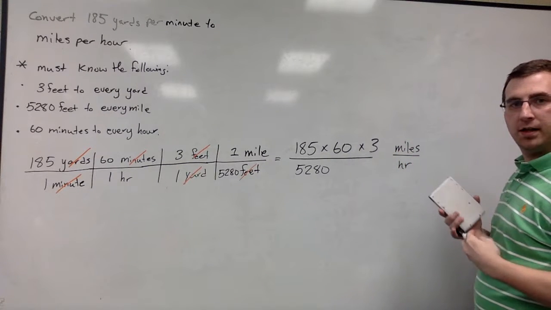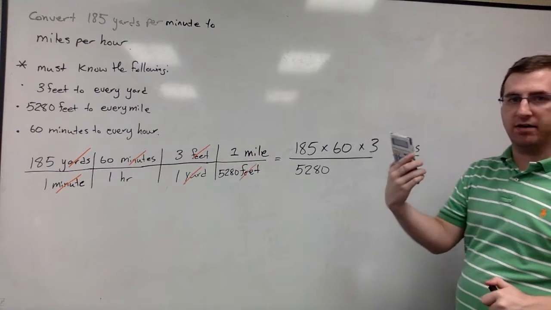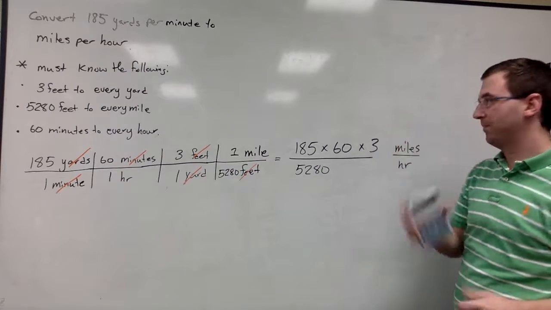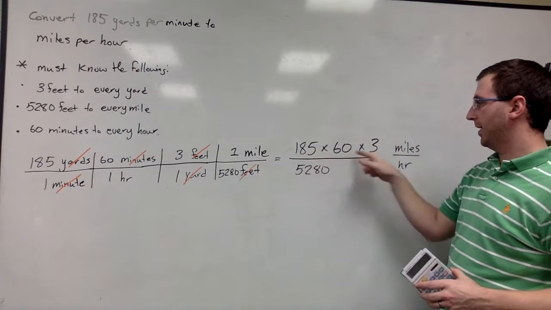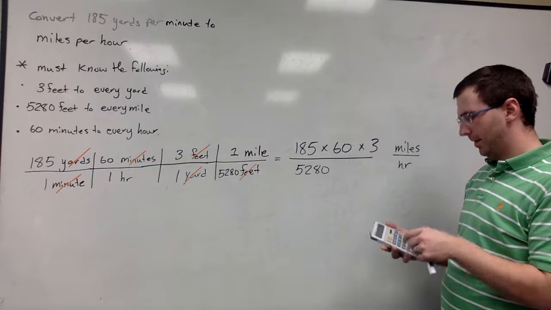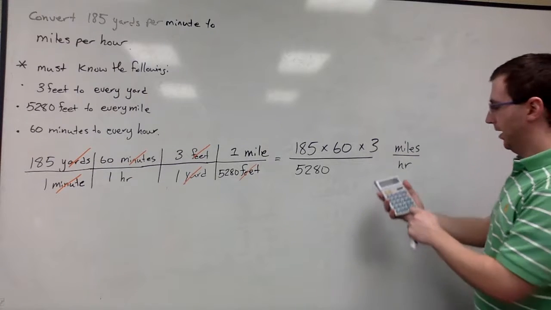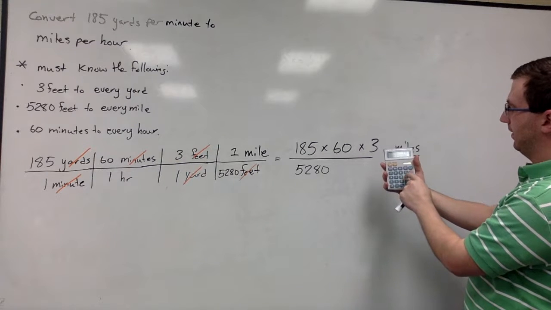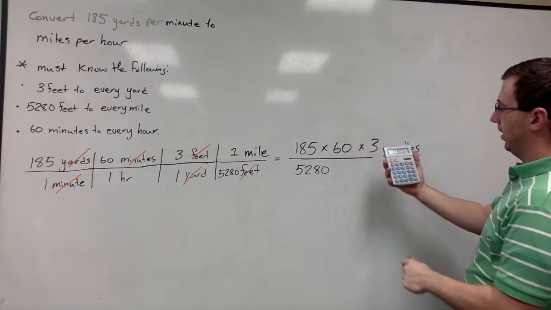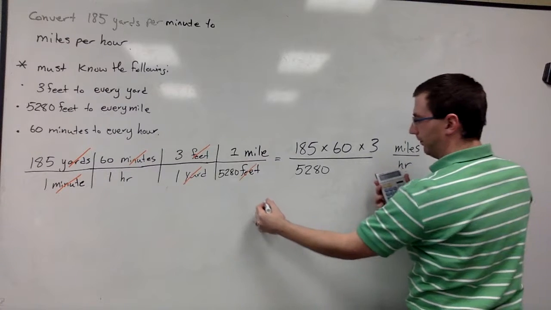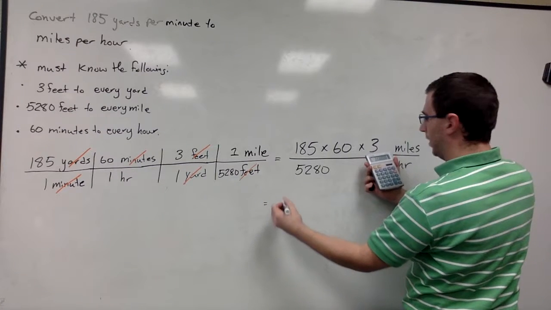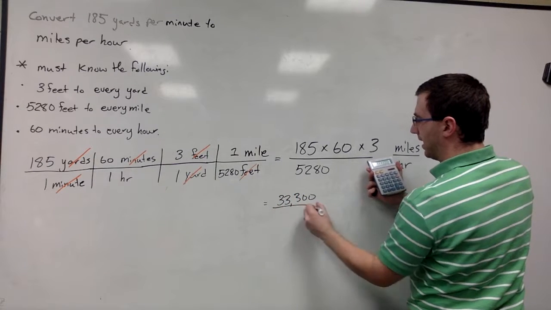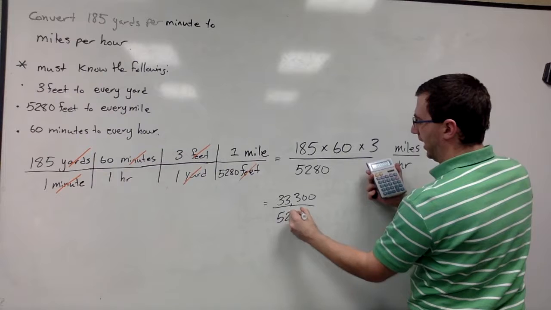All right. So basically, we take our calculator, which I have just a plain old solar power calculator, and we just multiply across. Multiply the top numbers on the top, and then multiply the bottom, and then divide it by the bottom number. So here, 185 times 60 times 3 on the top here, we get 33,300 divided by 5,280.